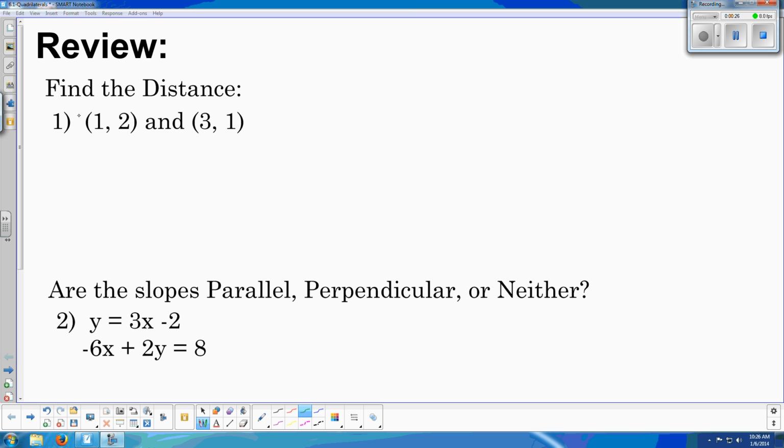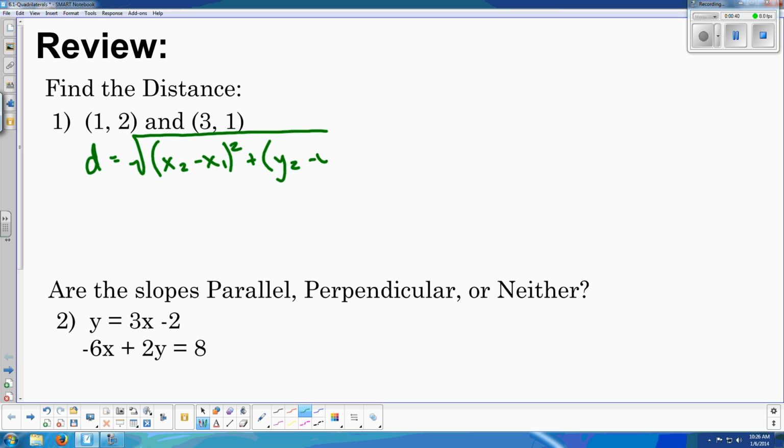Okay, when doing question 1, the first thing you should have done is look up the distance formula. So we have d equals the square root of x2 minus x1 squared plus y2 minus y1 squared. Now, we're going to do what we always do and label our points. So we have x1, y1, and x2, y2.